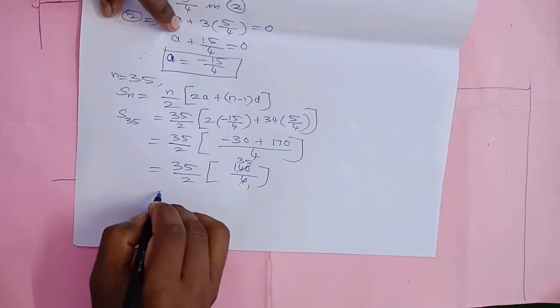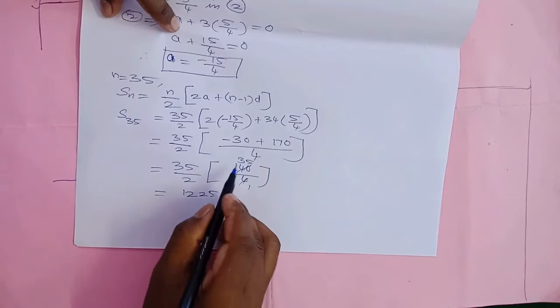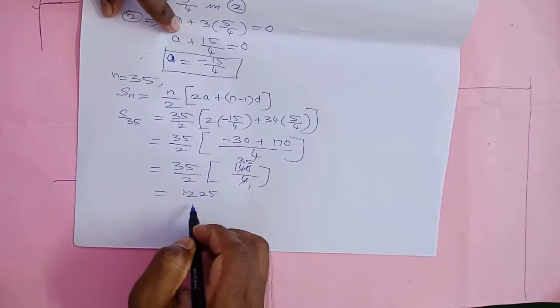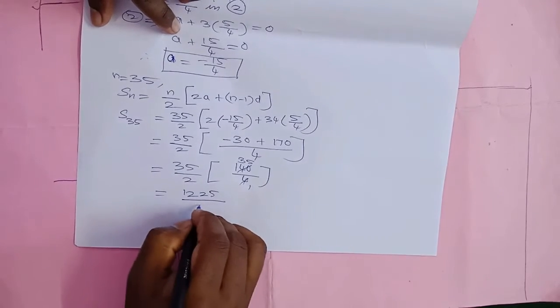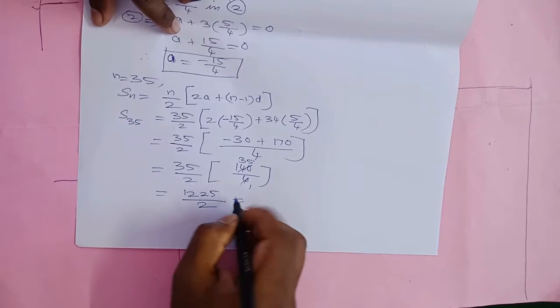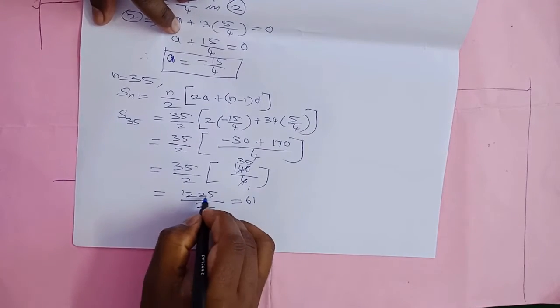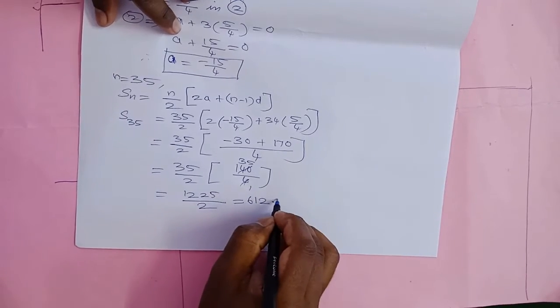So 35 into 35 is equal to 1225. 35 square: 3 into 4 is 12, 5 square is 25, so 1225. Divided by 2 gives 612.5.